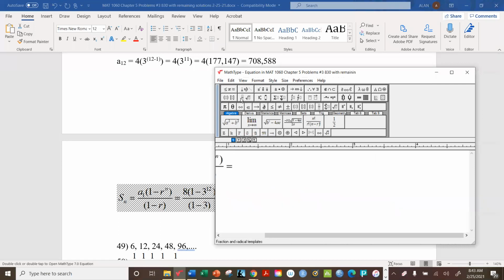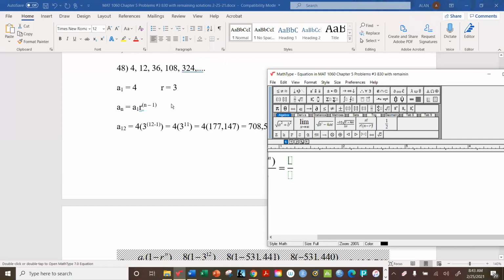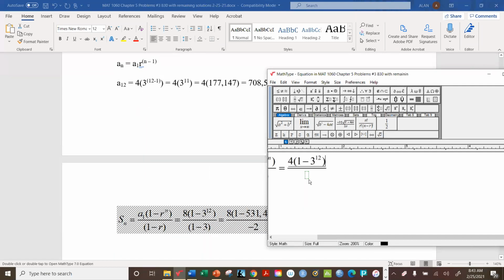We have A1 is 4. The common ratio is 3. And that's going to be raised to the 12th power. And in the denominator, we have 1 minus 3, because 3 is the common ratio.